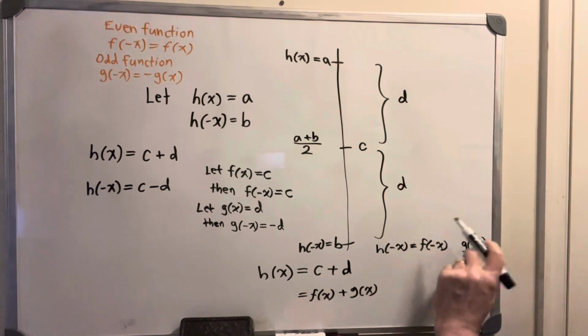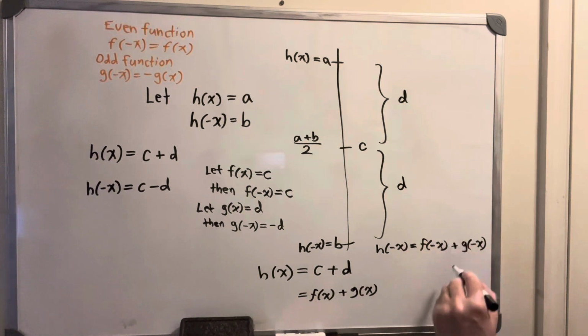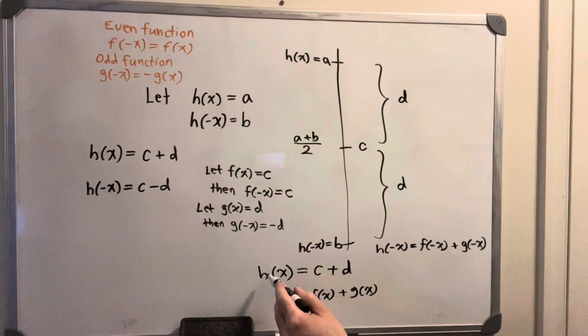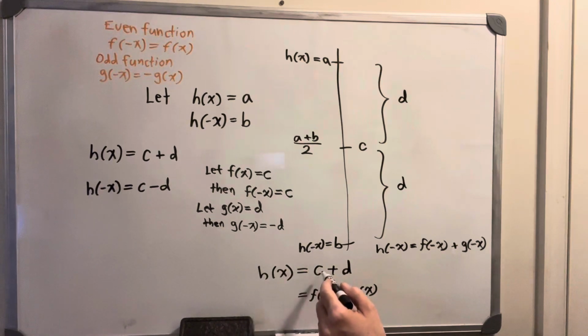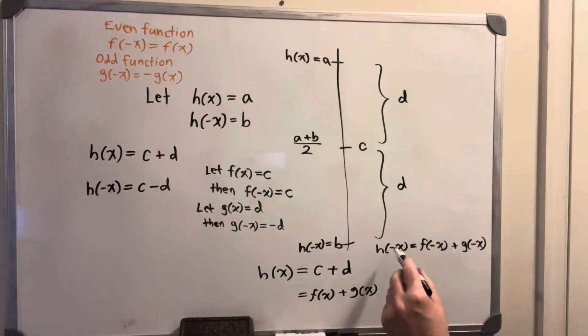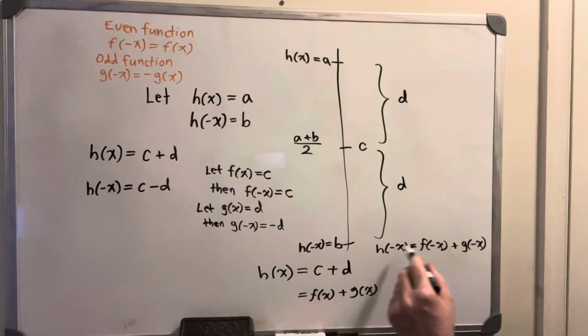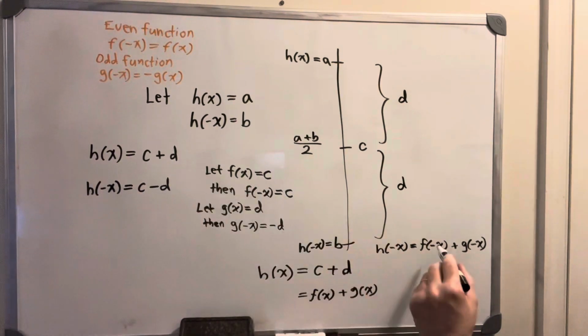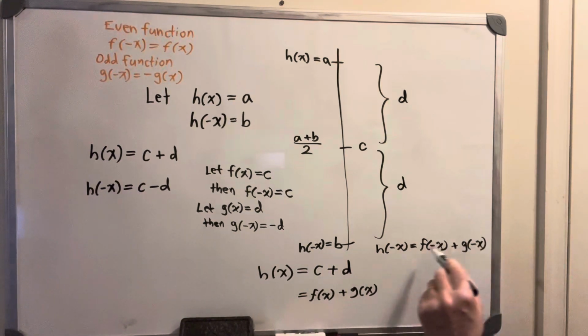Let me write that more clearly. See, h of x is equal to c plus d, which is f of x plus g of x. And h of minus x is c minus d, which is f of minus x plus g of minus x.